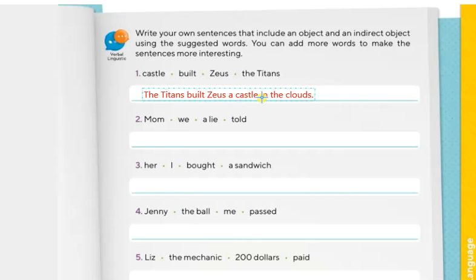And the information that I am just adding is in the clouds. Okay? You have to complete this. Remember, put them in the correct order and add more information to make these sentences more interesting.